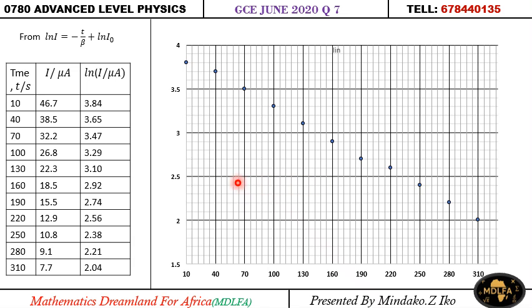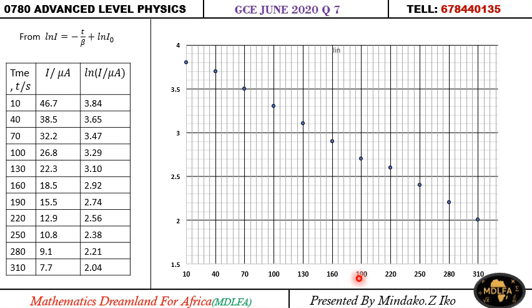Now this is my scale. I know this is where many students have difficulties in deriving their scale, but we are going to explain it. So let's pay attention here. This is my vertical axis, my ln I axis, and this is my time axis.